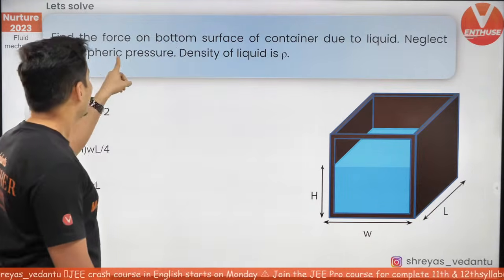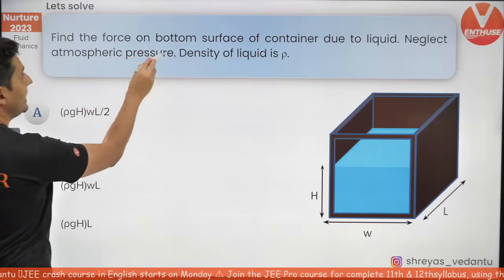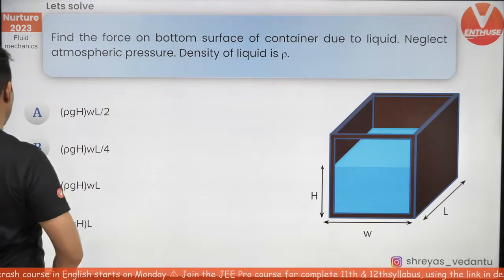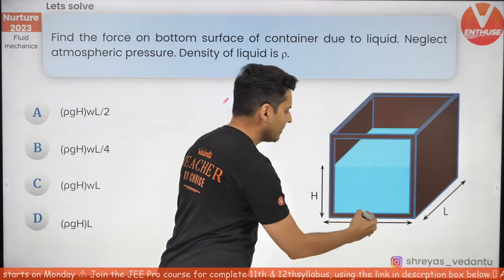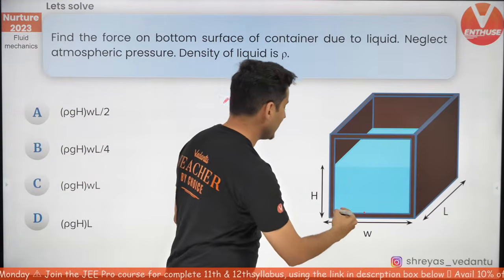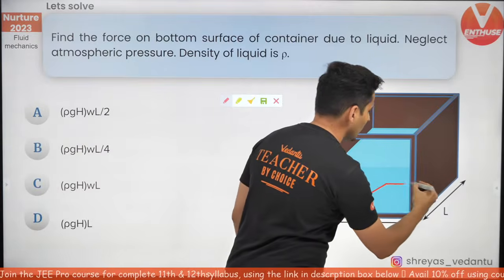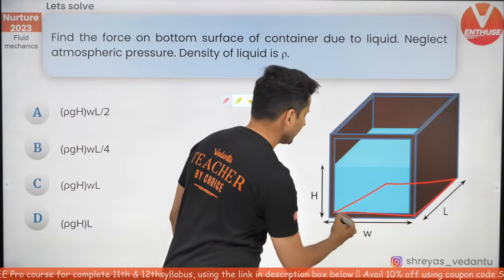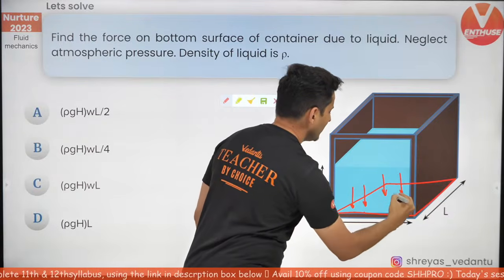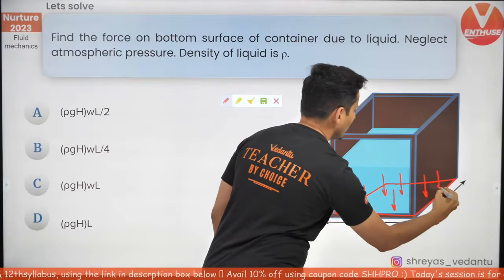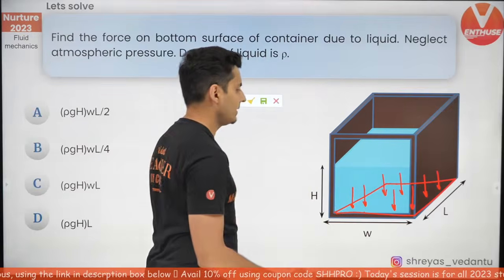Now here the question says find the force due to the liquid. So this liquid will apply some force on the base of the container. This is how the base of the container will look, and there will obviously be some pressure over there, so it will be exerting some force on it.